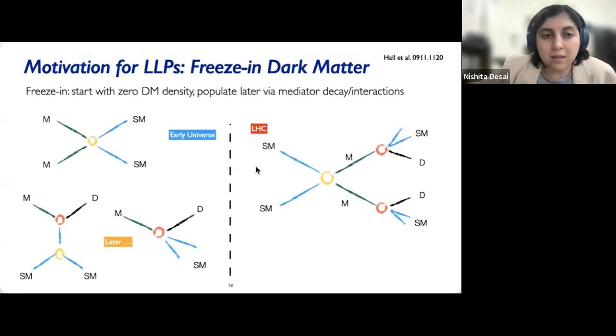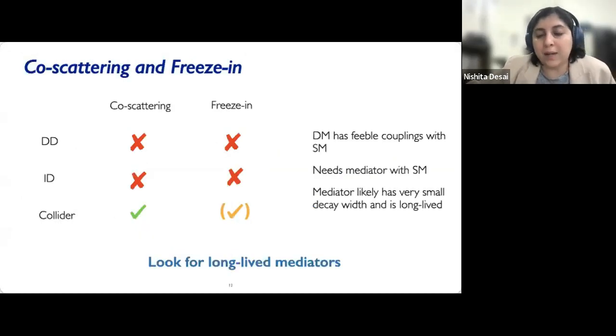So in both these cases, because these couplings are extremely small or even feeble, you don't really have a signature in direct detection or in indirect detection at all. So if the universe produces dark matter via these mechanisms, then perhaps the only way to confirm these would be by producing them directly at the collider.